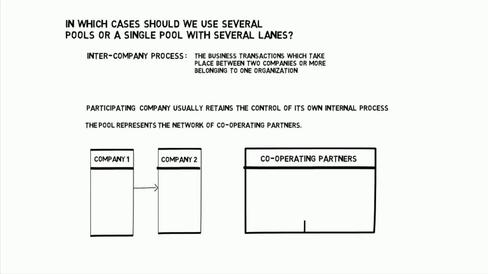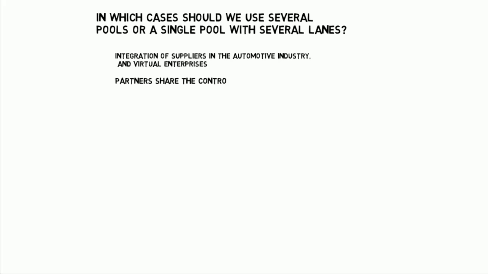This is reasonable when there is a very close cooperation and the partners define the entire process together. Examples for such close cooperations are the integration of suppliers in the automotive industry and virtual enterprises. Since the partners work together in creating the process, they share the control over the process.